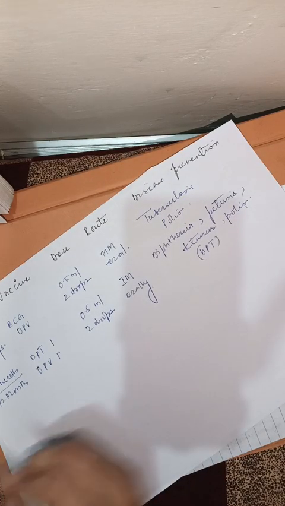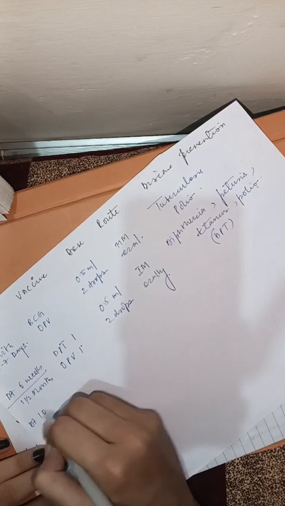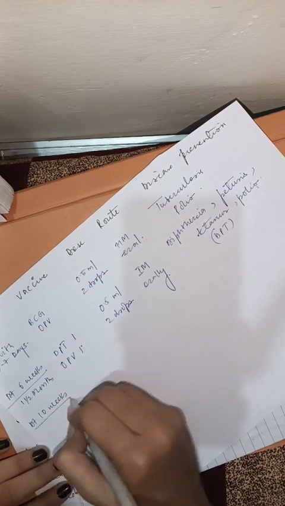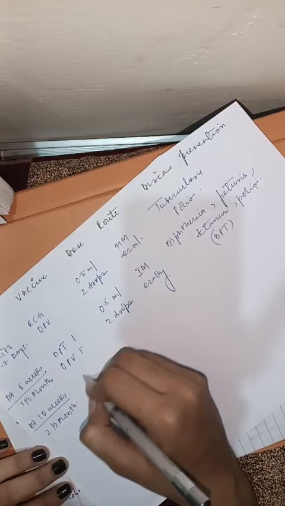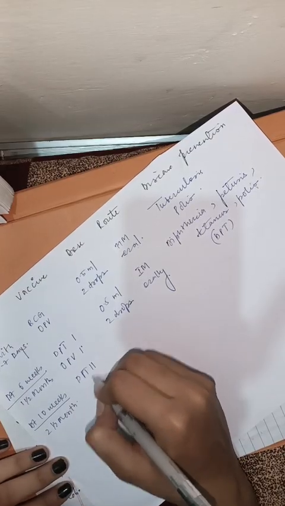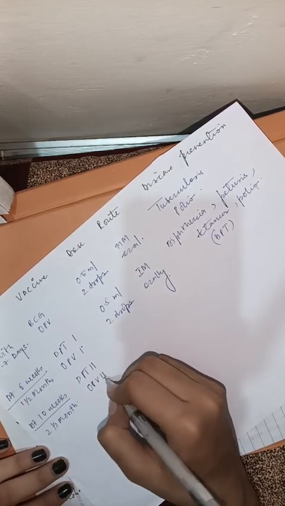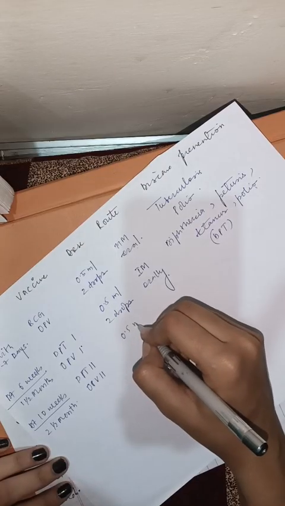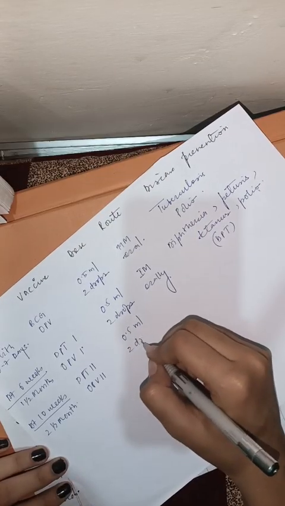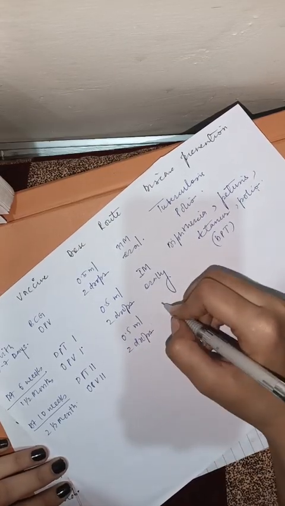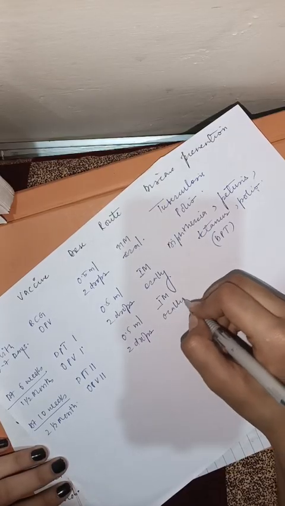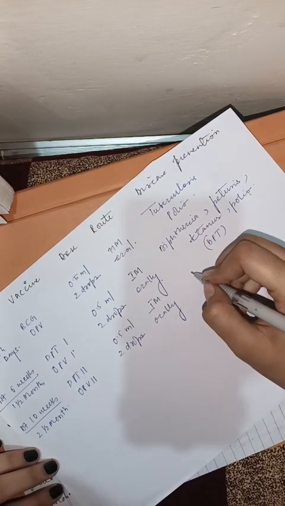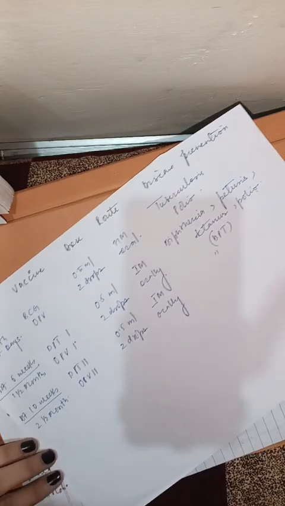Then at 10 weeks, that is 2.5 months: DPT 2, OPV 2, 0.5 ml, 2 drops, intramuscular and orally, for diphtheria, pertussis, tetanus, polio, same.